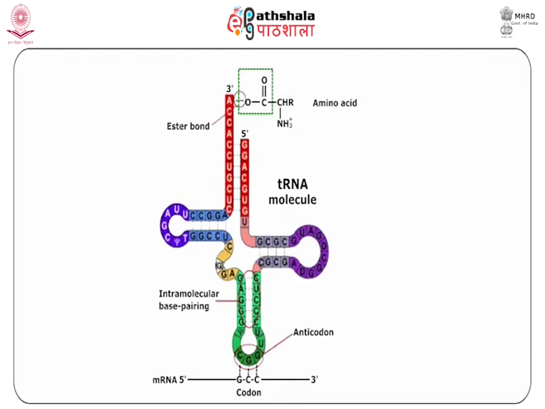The mRNA codes for a particular codon AUG, complementary to which tRNA produces UAC anticodon, resulting in the synthesis of a specific amino acid called methionine.